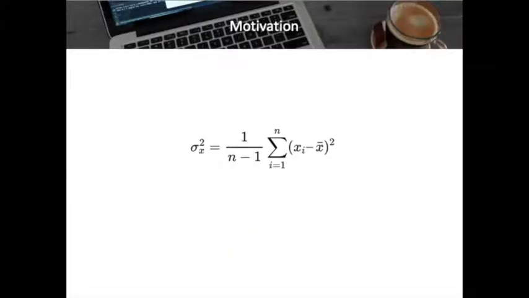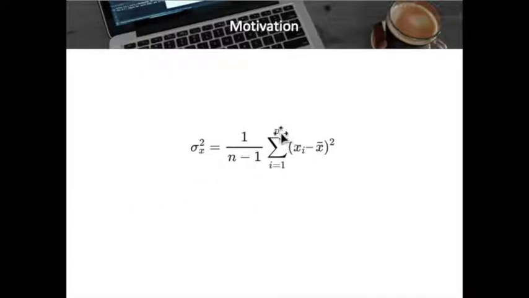Okay, so let's start briefly with variance. So what is variance? Variance measures the variation of an individual random variable, like for example a person's height with respect to the population. And this can be described as follows.